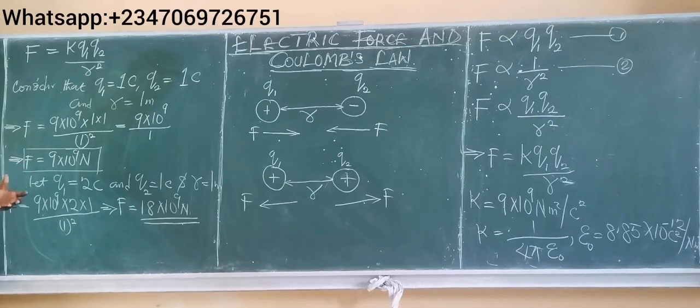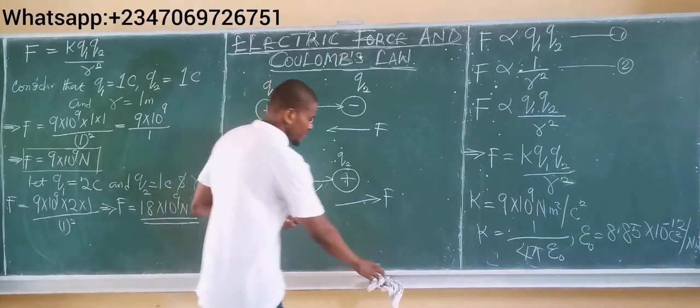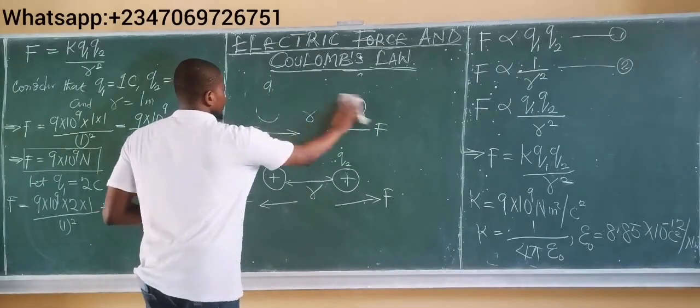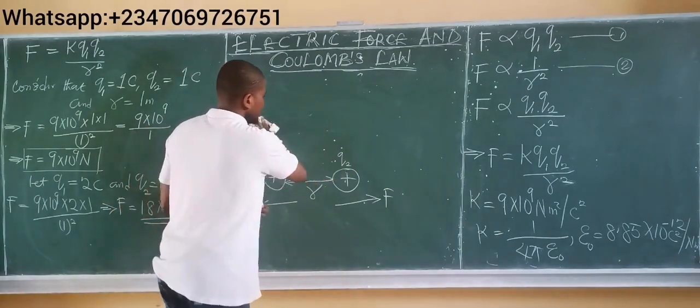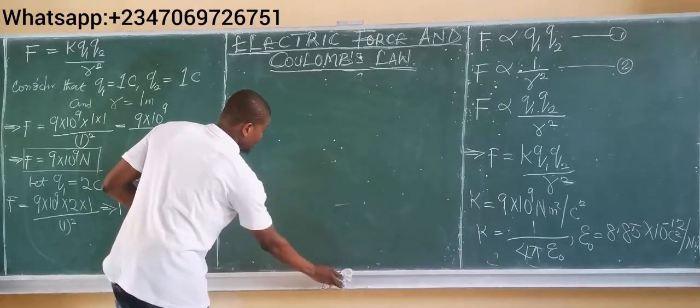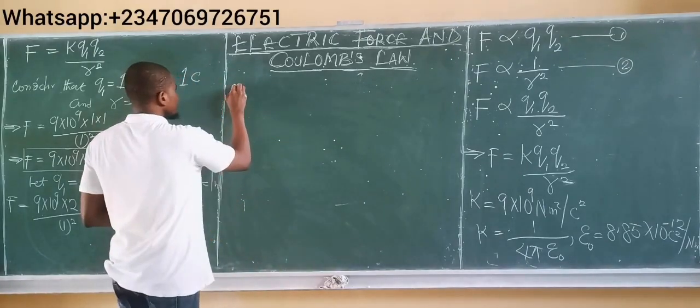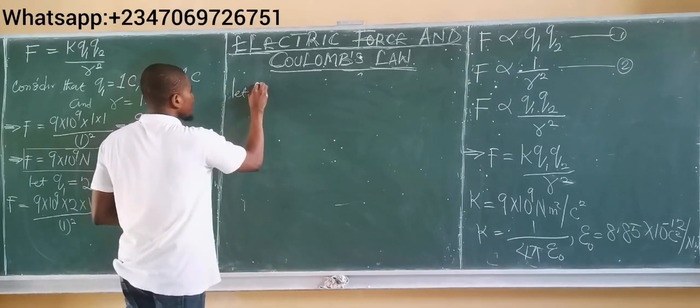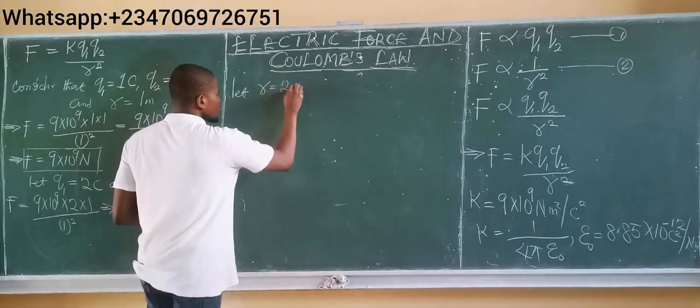Now let's keep these charges q1 and q2 to be 1 coulomb each, then let us increase the distance and see what happens. Now if you increase the distance, you're simply saying let r be equal to 2 meters.